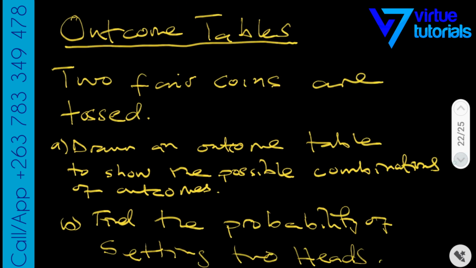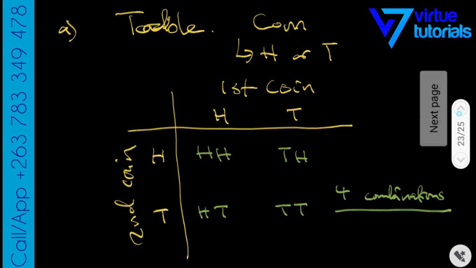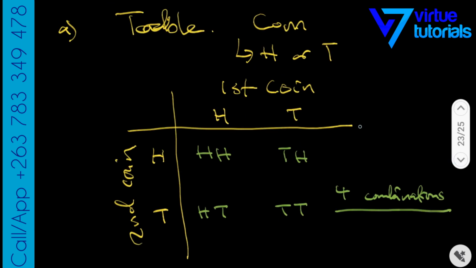So if we go back to our question, part B, find the probability of getting two heads. So we look for the number of combinations where we have two heads. The probability of getting two heads is equal to the number of combinations that give us two heads over the total number of combinations available, right?